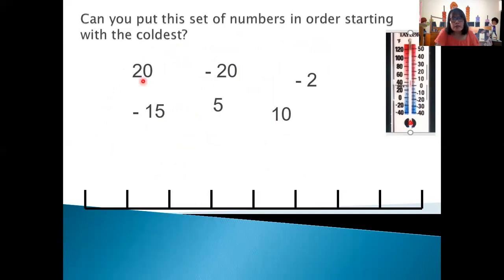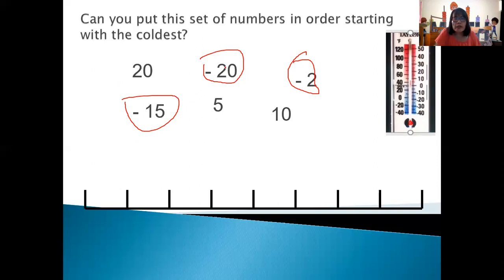The coldest means the negative numbers, so the smallest. That means to say we will take first all negative numbers. Okay? So this is a negative number, this is a negative number, and this is a negative number.